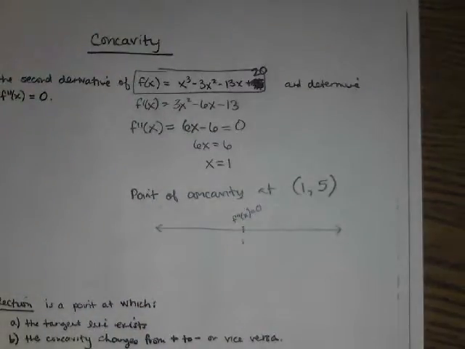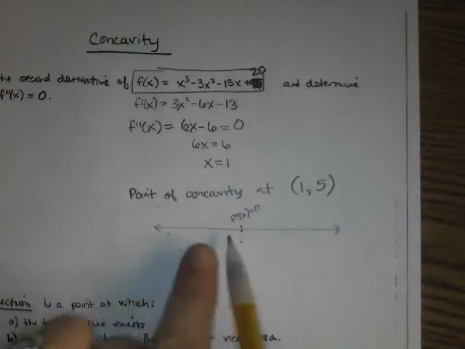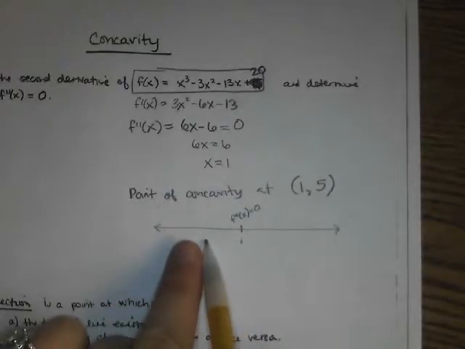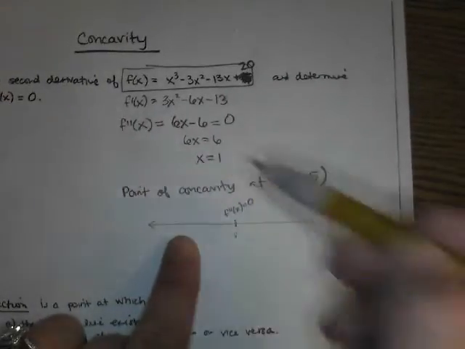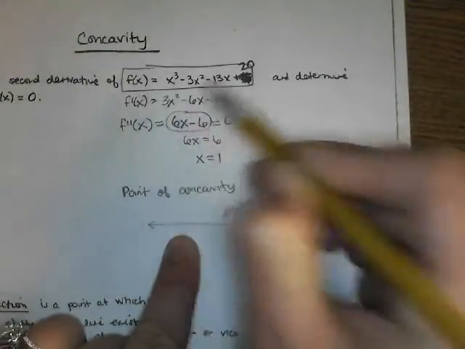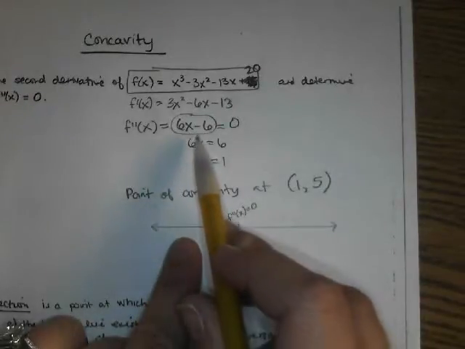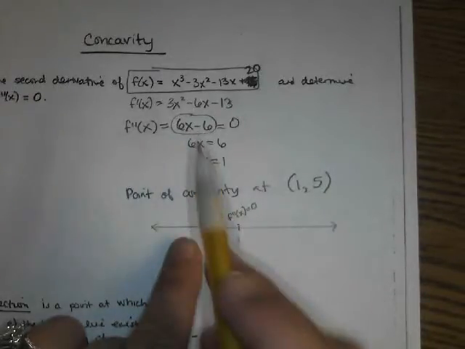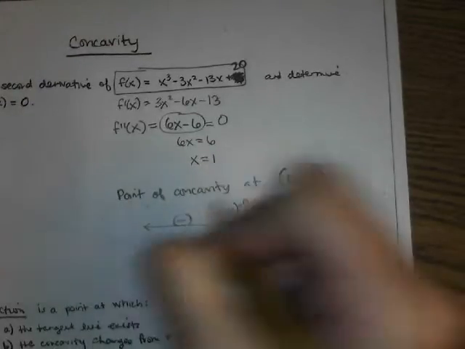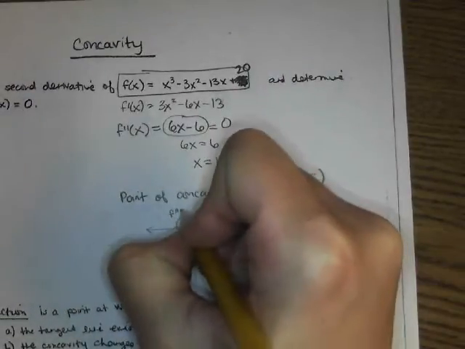So prior to this, if I plug a number less than 1 into the second derivative, do I get a positive or a negative if I plug in 0 here? A negative. So f double prime is negative here.